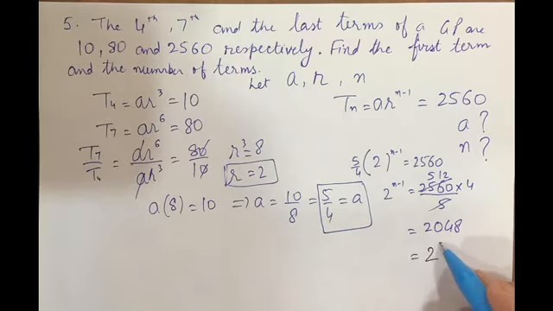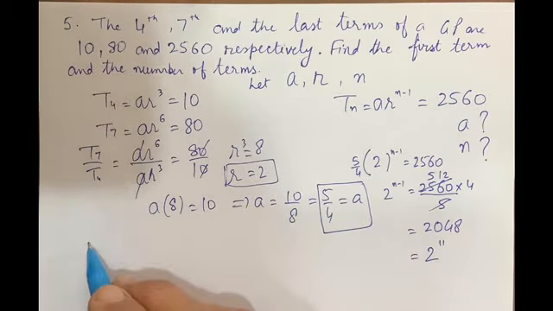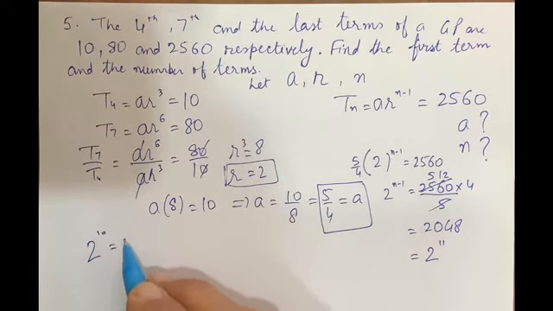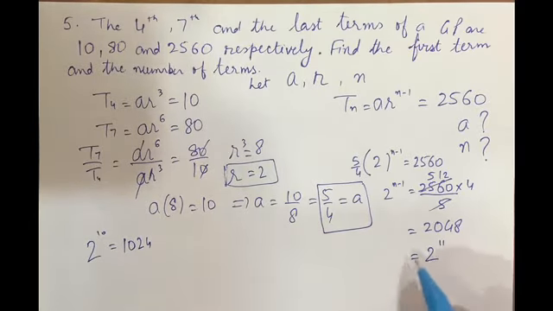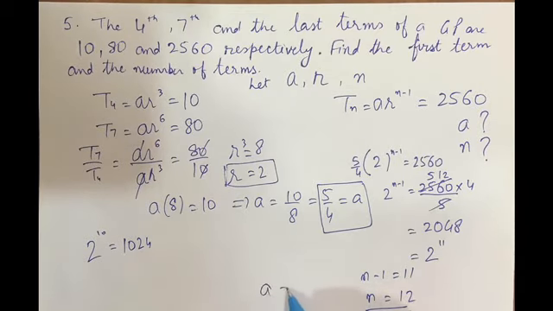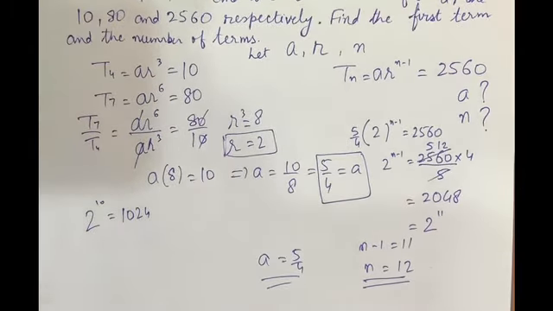And this is 2 raised to 11. So 2 raised to 10 is 1024. This is double of that. Now equating exponents, we have n minus 1 equal to 11, or n is equal to 12. So n is 12 and the first term is 5 by 4. So 5 by 4 and 12.